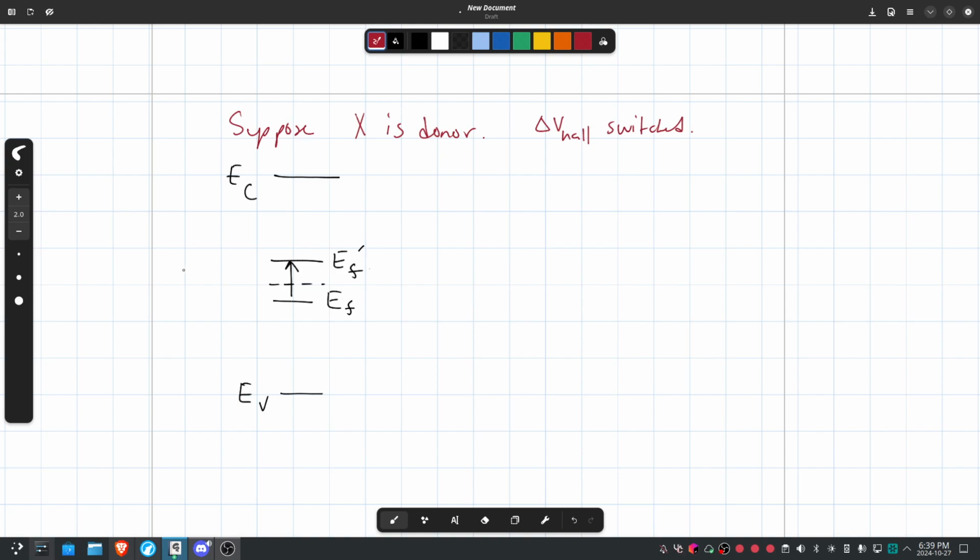Let me move this to the other side here. And likewise, same thing here. This is going to be the P-type. This here is going to be N-type. So donor pushes up and acceptor pushes down, correct.